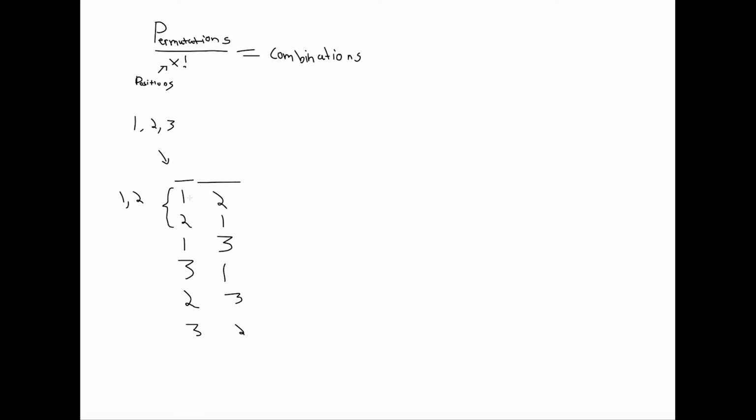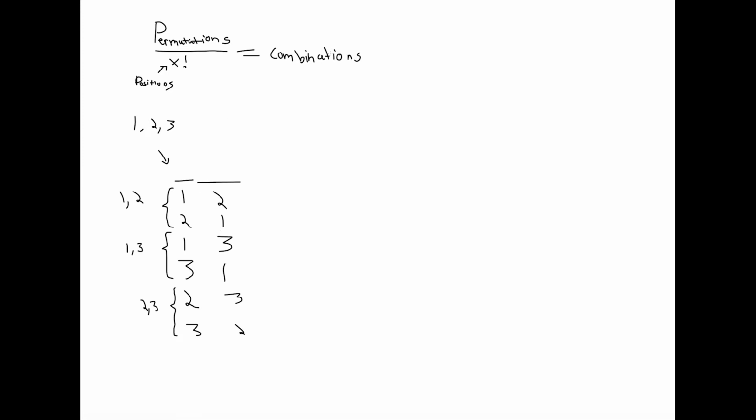But it's the same combination. Over here, there's another combination, and that can be represented in two ways. So this combination 1, 3 can be represented as 1, 3 or 3, 1. The same goes for this combination. So all of these combinations have redundant sets. And in this case, there are two different ways to represent each combination. And that produces one redundant set for each combination.